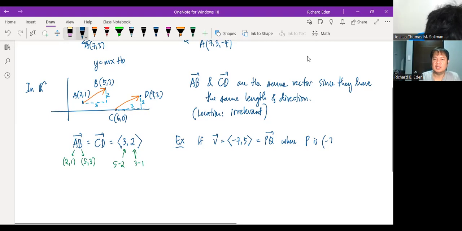Let's make this -3, comma, -8. Then find the coordinates of Q.